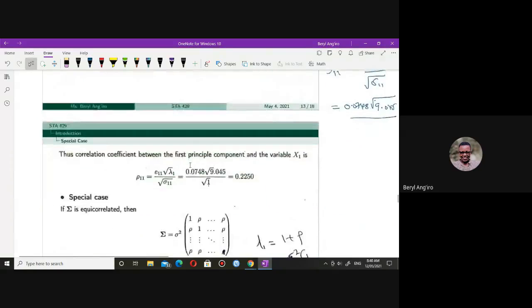So we divide by the square root of 1. That gives 0.2250.